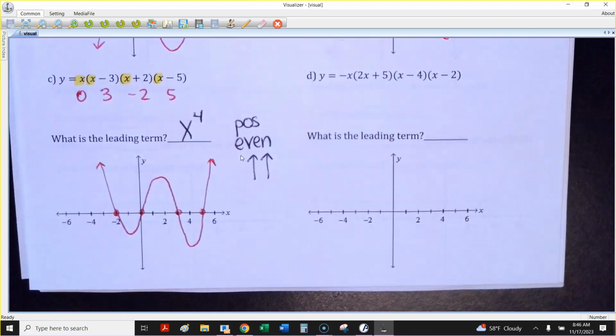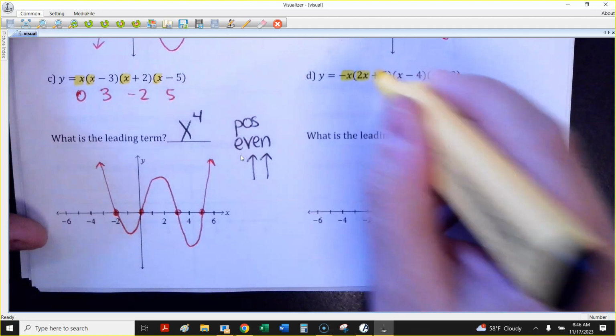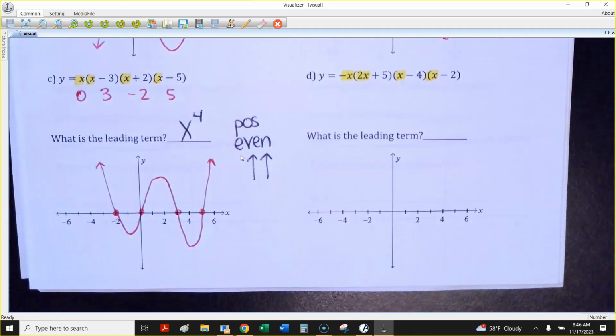Okay, now this last one's kind of tricky. So I have negative x times 2x plus 5 times x minus 4 and times x minus 2. If we multiplied that all out and wrote the answer in standard form, what would the first term be? If I multiplied all that out. She's close.